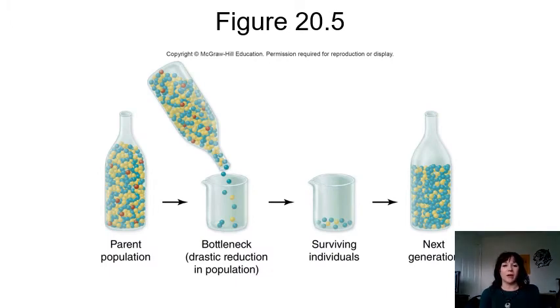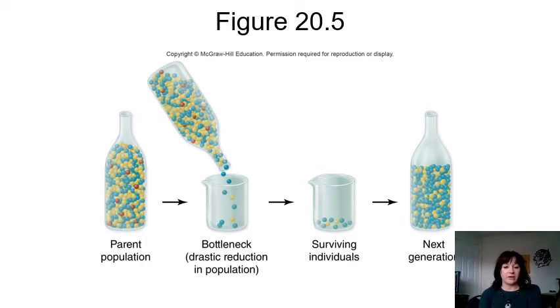So why do we say bottleneck, right? Here is a more abstract representation. When you have a large population, this parent population, you've got variability. And in this example, the most common colors are blue and yellow, but there is some red mixed in, right?